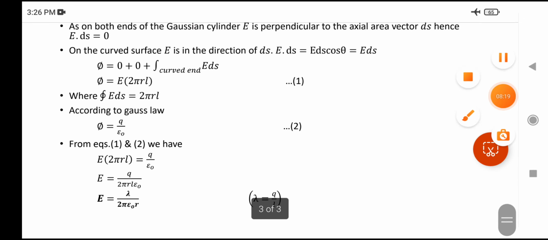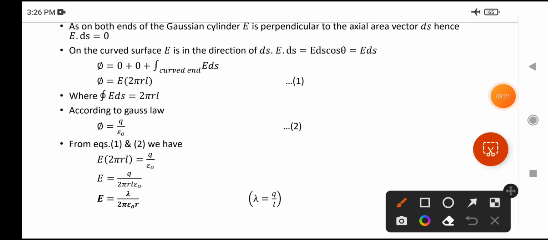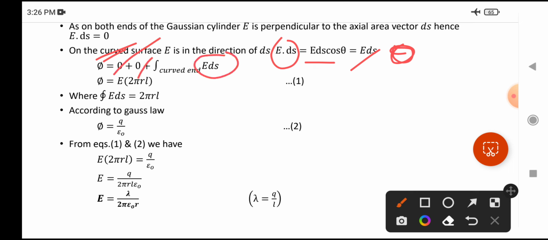We can conclude that E dot ds is written as E ds cos theta, and theta is substituted as 0. So it is E ds on the curved surface only, and the remaining values are 0.